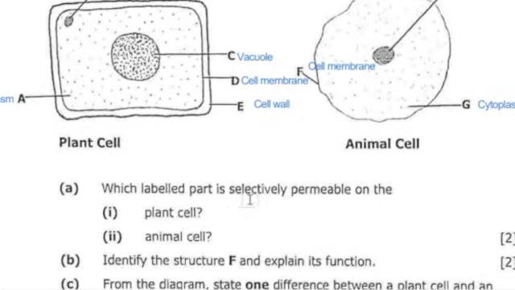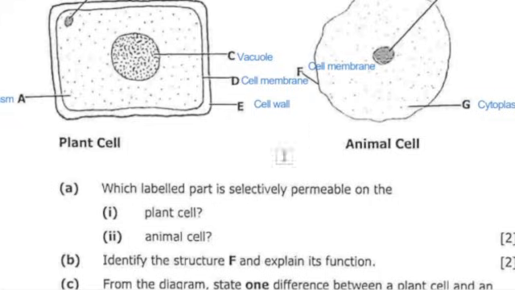Which labeled part is selectively permeable on the plant cell? We all know that the cell membrane is the one which is selectively permeable, and this means that it does not allow everything to go in. It only allows very important nutrients or substances into the cell.